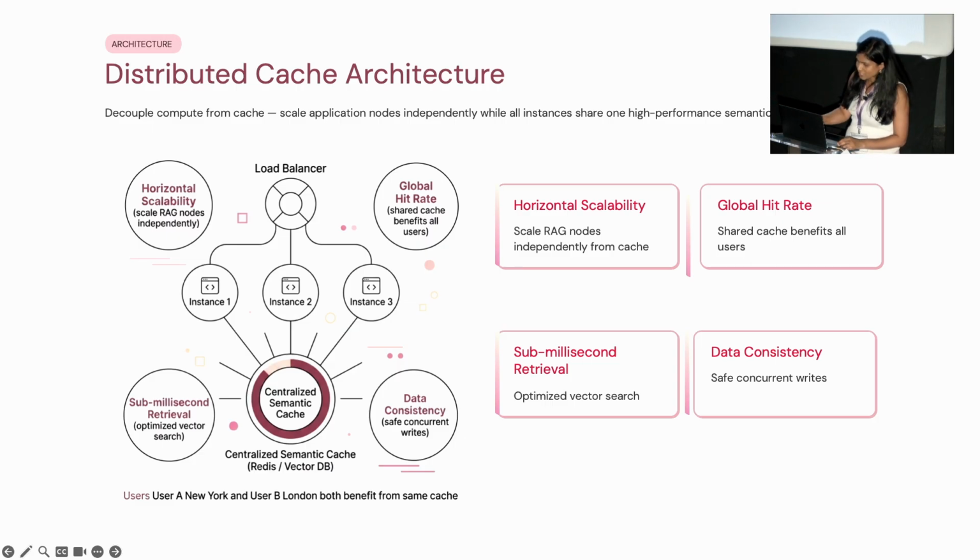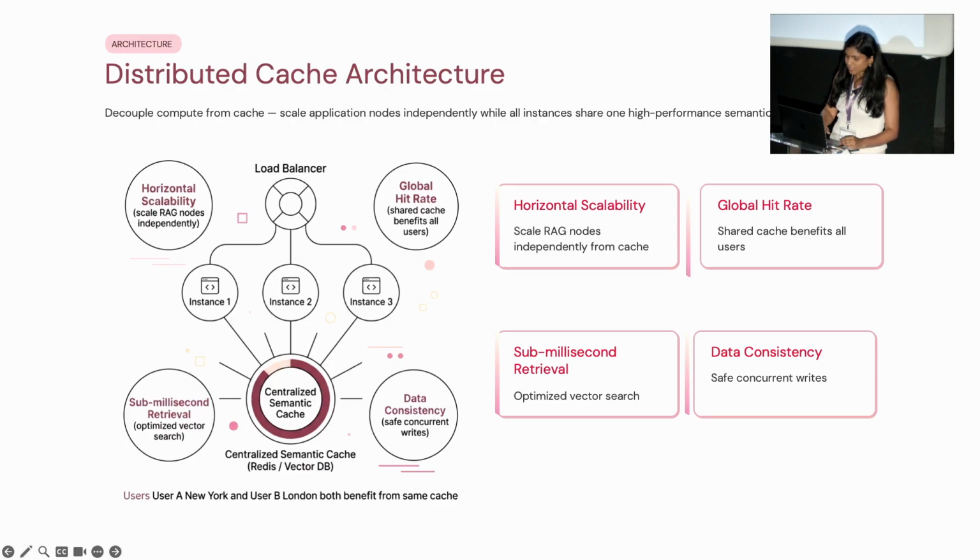Whenever a new request comes in, one instance receives it, converts it into an embedding, and checks the central semantic cache for whether we have any similar question answered before. If there is a match and it hits the threshold, it returns directly from the cache. If not, we'll reach out to the LLM. The LLM will generate a response, and whatever response we get, we'll store it in the semantic cache for future use.